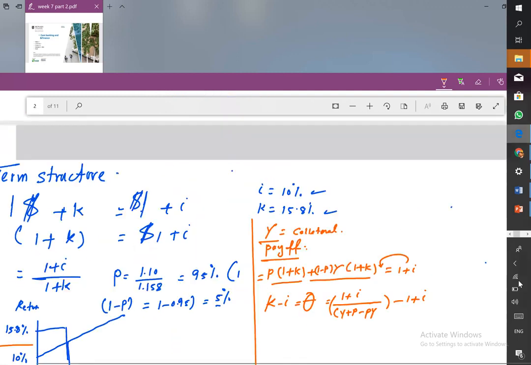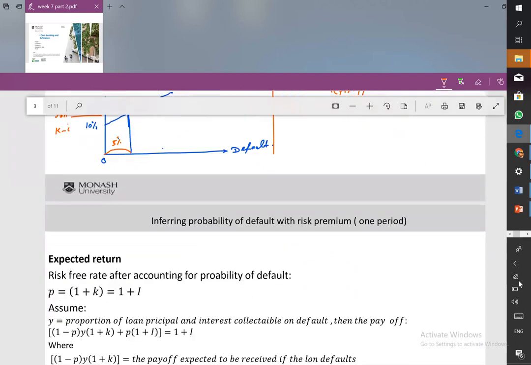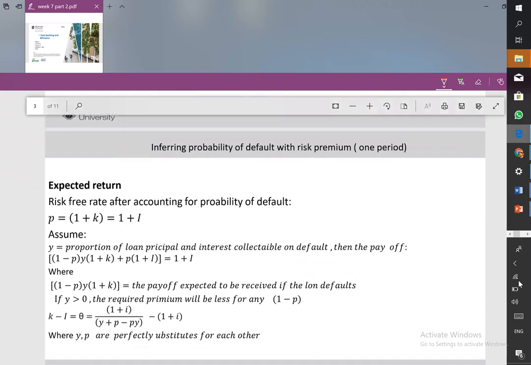This is the whole story behind it. If we understand it from this perspective, we will be very happy. So now when I explain it to you here, it's very easy. As I said, B times 1 plus K equals 1 plus I, which we agree about.